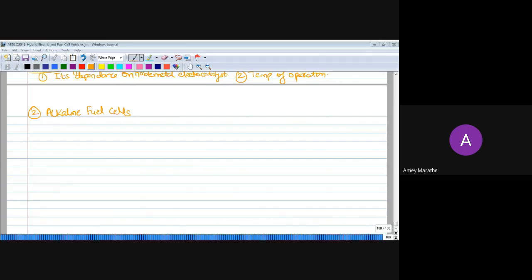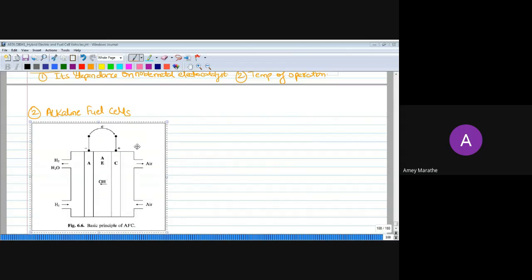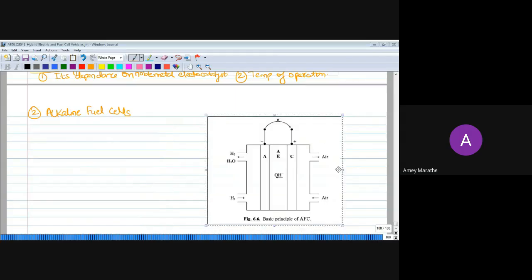Okay, so this is how the alkaline fuel cell operation looks. Again, a similar thing we have here. Hydrogen as a fuel is supplied to the anode, air as an oxidant is supplied to the cathode, but here something is different.